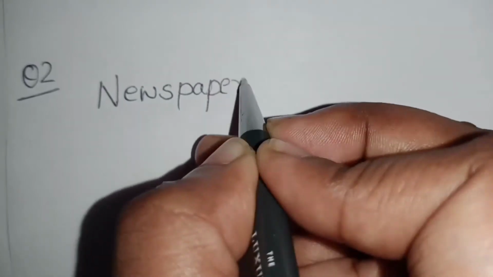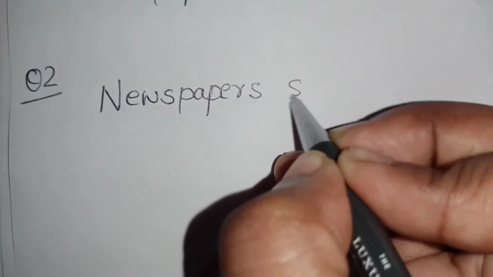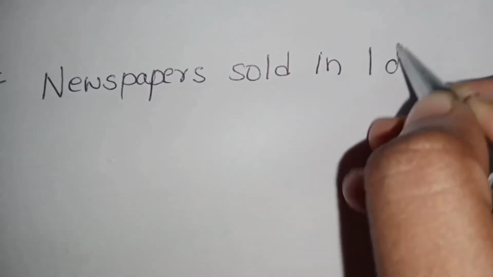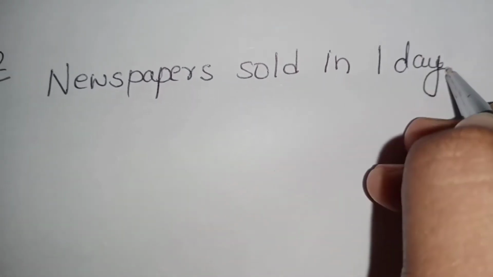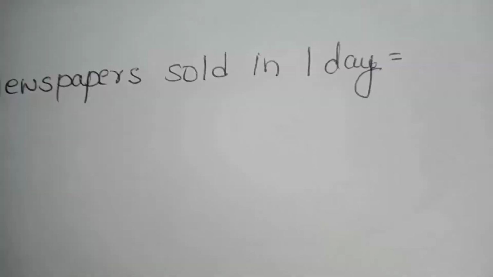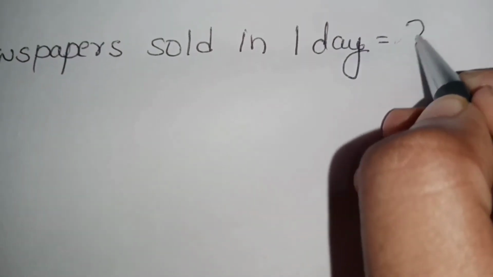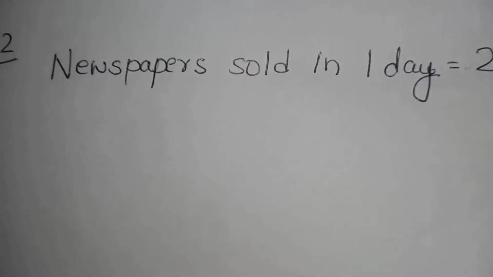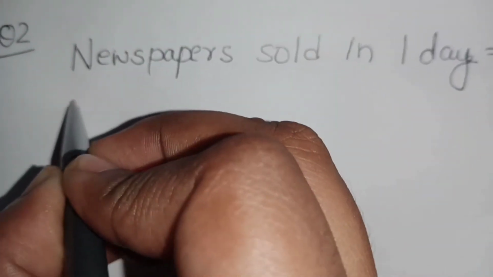Newspapers sold in one day. So how many newspapers did he sell in one day? It is 227. Okay, now what do you do?